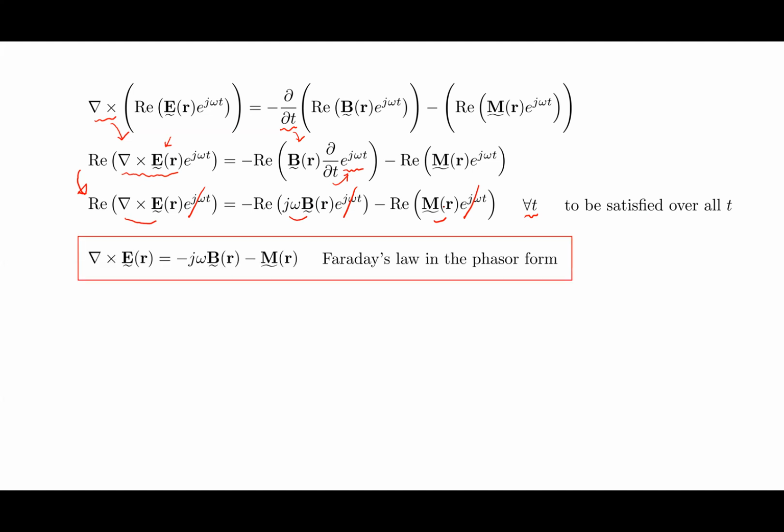So just canceling this real value bracket, what we have is that the curl of the phasor of the electric field should be equal to j omega times the phasor of the magnetic field and the magnetic current. It almost looks like the original Faraday's law, except the time derivative is replaced by j omega, which is just a multiplicative factor. This is Faraday's law in the phasor form.